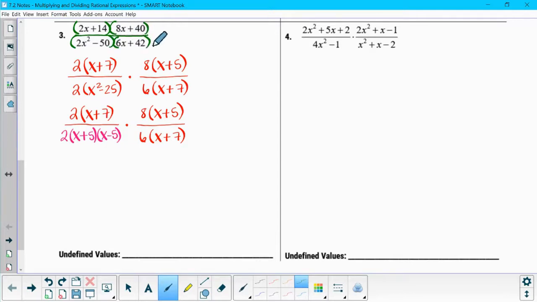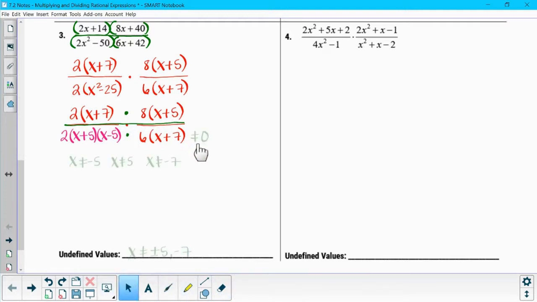So I can go ahead and act as if this is one big numerator where there's multiplication and one big denominator where there's multiplication. Now, I'm going to set my denominator not equal to 0, and that means everything that is in this big denominator is getting set not equal to 0. Let's erase this so we don't get confused and think it's division.